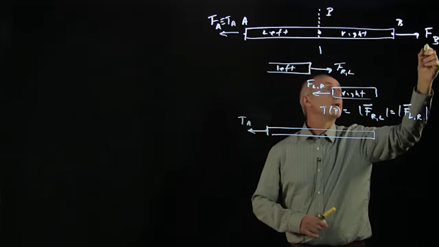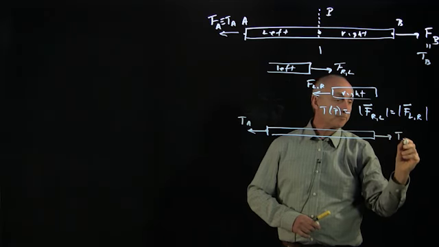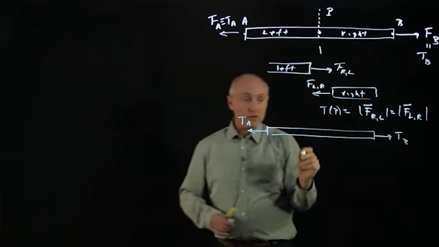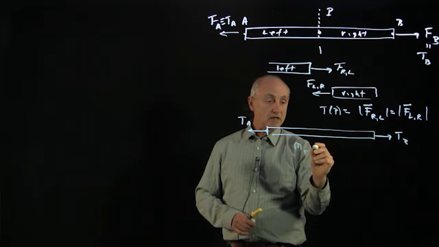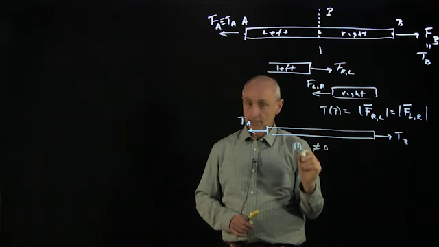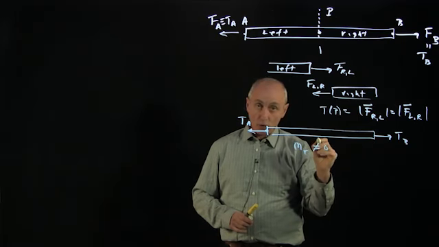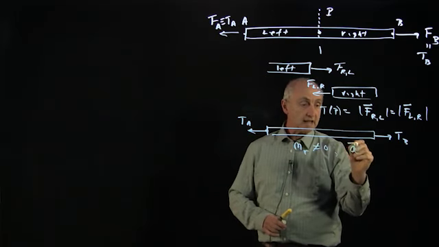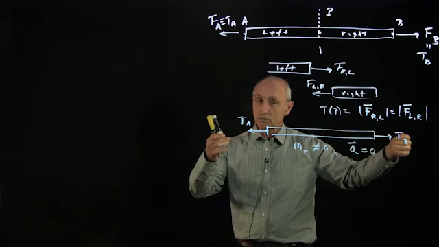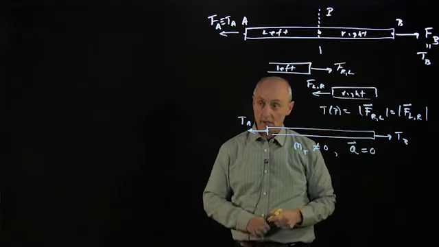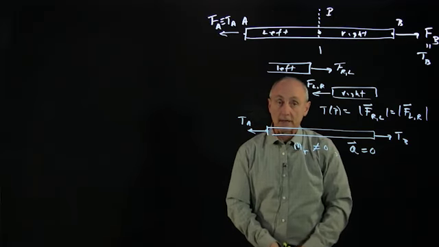And on this side, we can refer to this as the tension on side B. Now, suppose that the mass of the rope is non-zero. And we now want to apply Newton's second law. But let's also apply the condition that the acceleration of the rope is zero. So you're holding the rope under some tension by pulling both sides, but the rope is not accelerating.